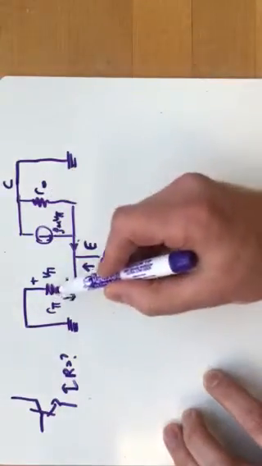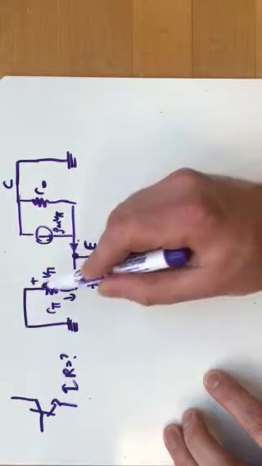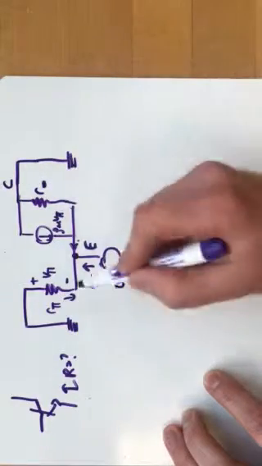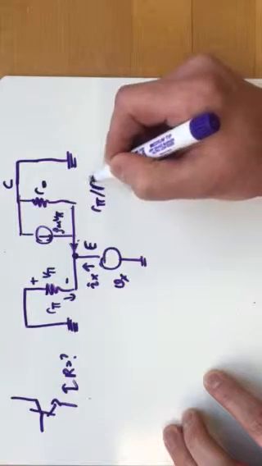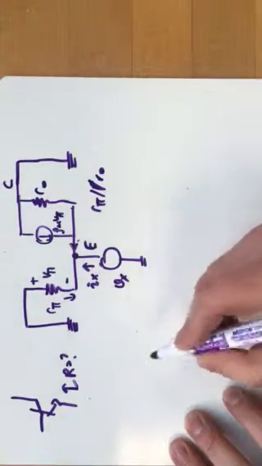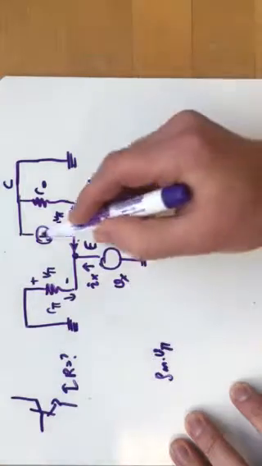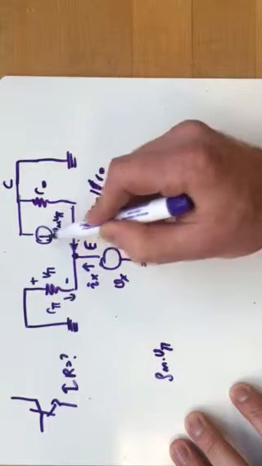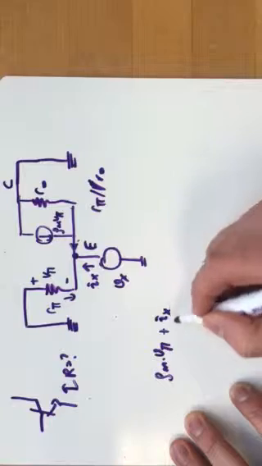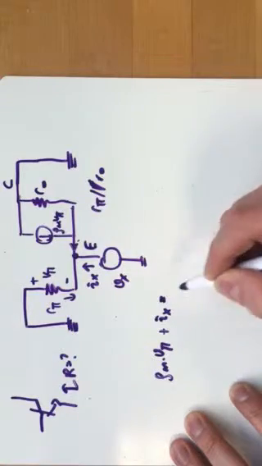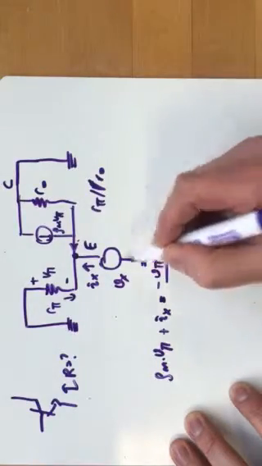So if you look at here, R pi and RO are actually in parallel. They're connected here, same, and they're both grounded. So wherever I have R pi, it's actually R pi in parallel with RO. So Gm times V pi, that's your current from here, plus Ix is equal to negative V pi divided by the resistance.